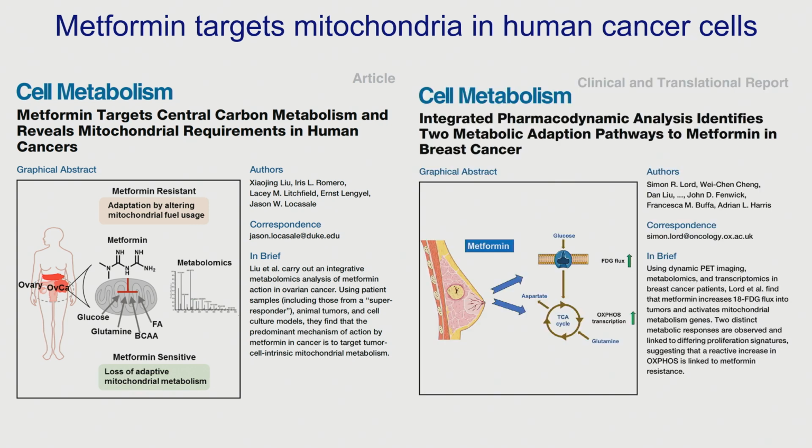In another study, from Adrian Harris's group, after giving metformin they could see an increase in FDG PET in a subset of patients, all right? That FDG PET uptake of glucose is going to be important in a second; you'll see why. But again, if you inhibit mitochondrial complex 1, typically you take up a lot of glucose, and that can be measured by FDG PET.